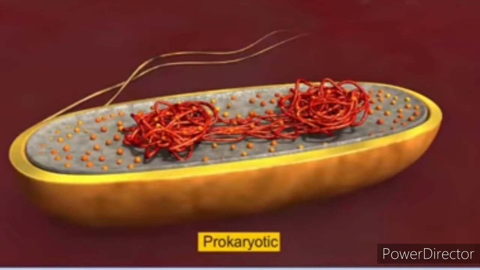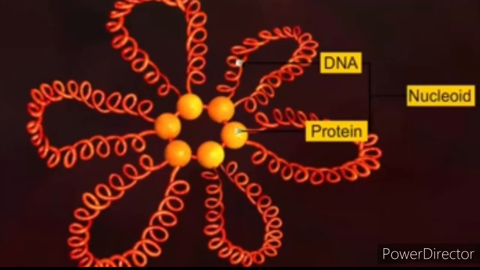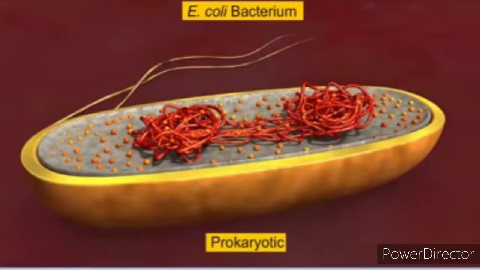Prokaryotes, you know, don't have a well-defined nucleus. There, the nucleic acids are scattered inside the cell. In prokaryotes, such as E. coli, though they do not have a defined nucleus, the DNA is not scattered throughout the cell.